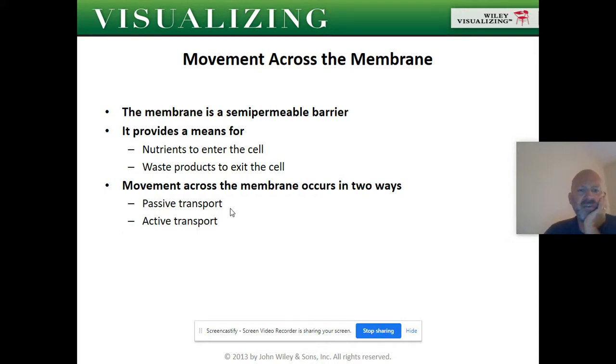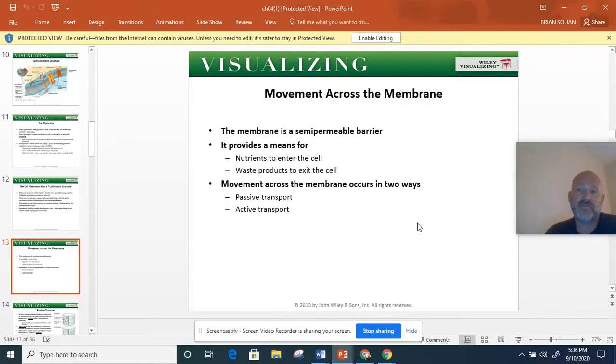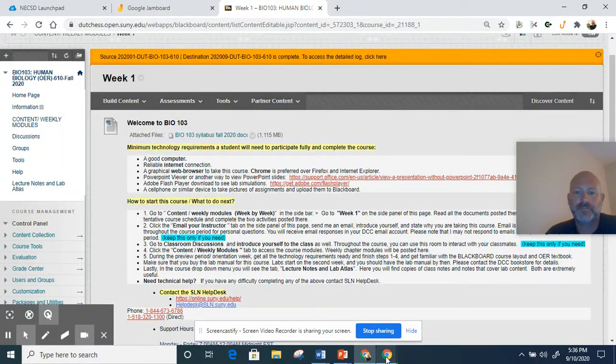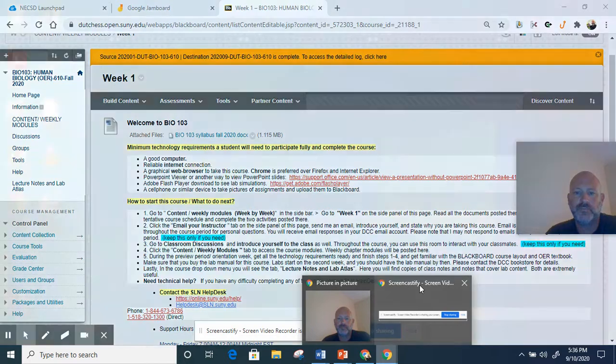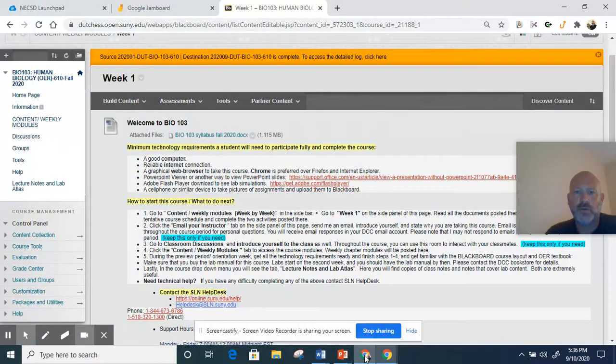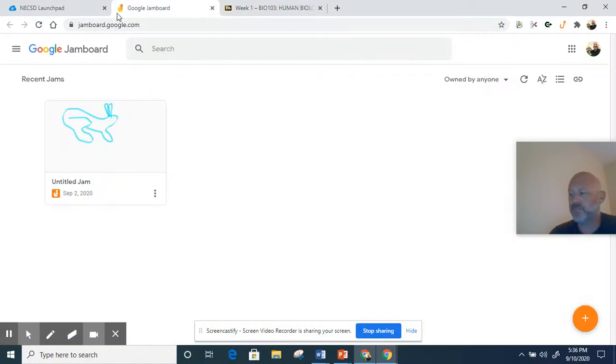We can get things to cross the membrane in two ways: passive transport and active transport. Passive transport is diffusion. Okay, active transport is the opposite of diffusion. Let me go here for a second. Let's go to here.